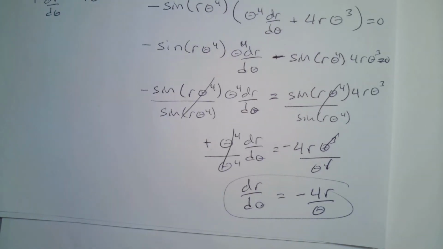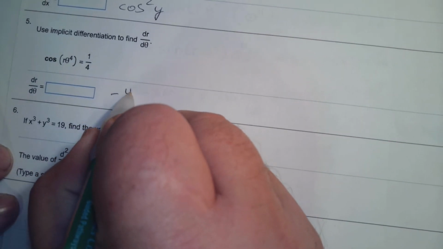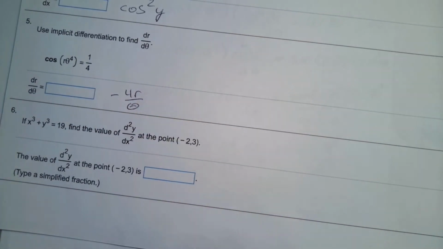I like dealing with x's and y's better than I do r's and thetas. So that was number 5. So it's negative 4r over theta.